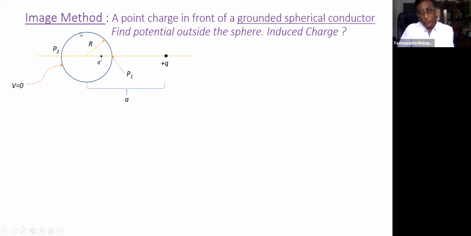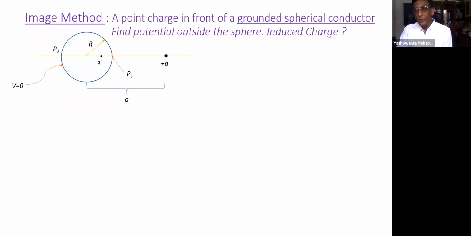If that is so, then I've solved the problem, because plus q is in its place, my region of interest is outside the sphere, and I have put a charge here such that this and this still satisfy the boundary condition specified to me, that V is equal to 0.